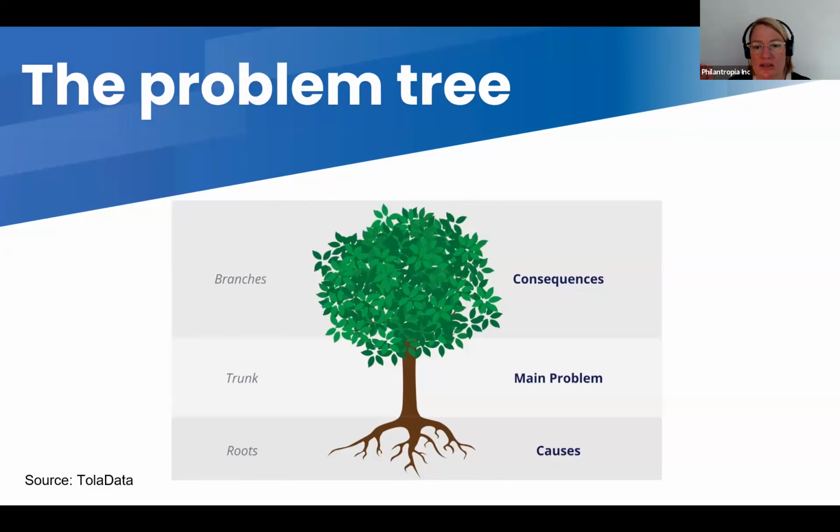What are all the causes of the main problem that I want to solve? Then you go to the branches, to the top of the tree. What are the consequences of that problem? If we say the main problem is kids can't swim, then the consequence is kids die in accidents. Another consequence is kids don't get exercise.